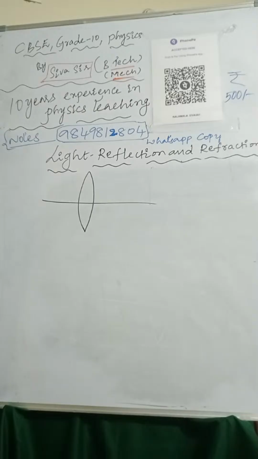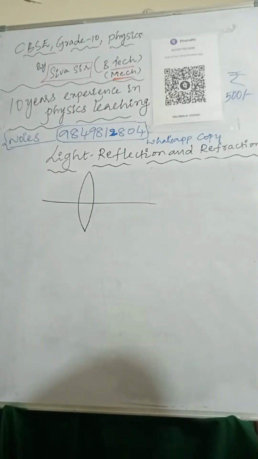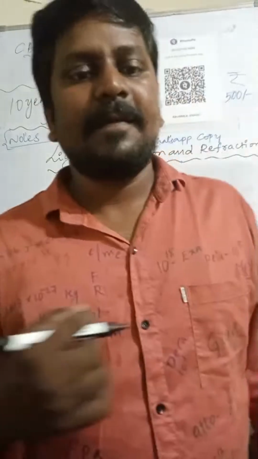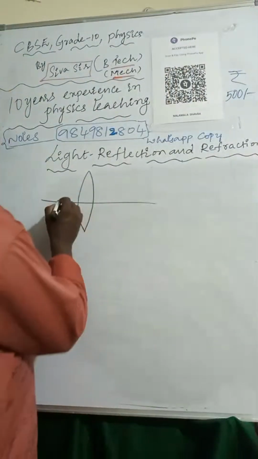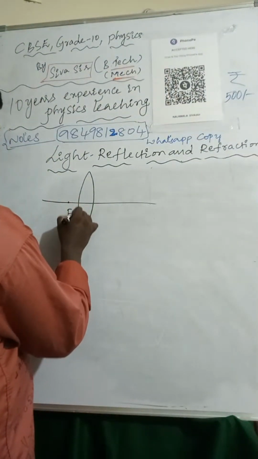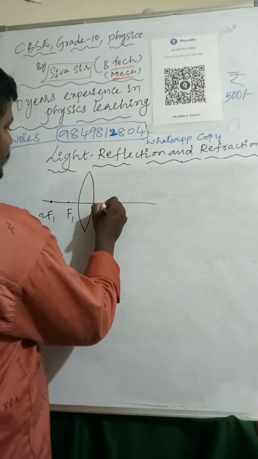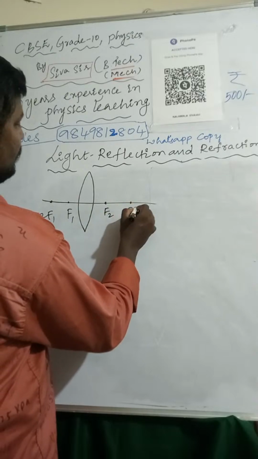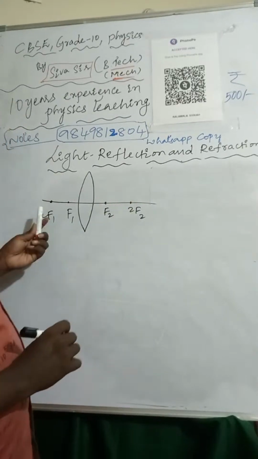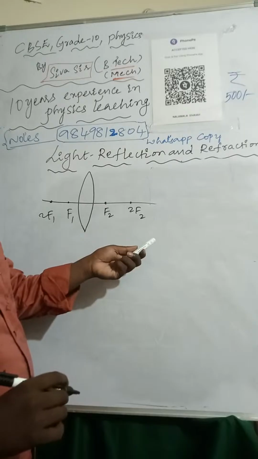Now the next case. You can see I am taking the object. This is F1 to F1, F2 to F2.